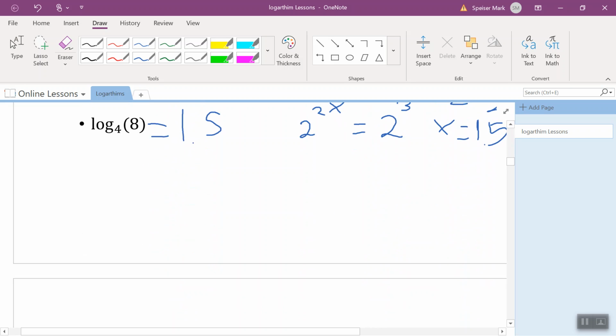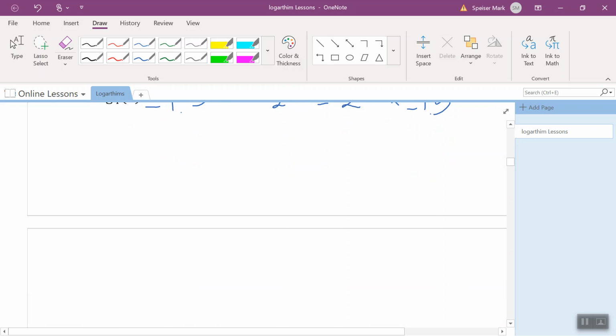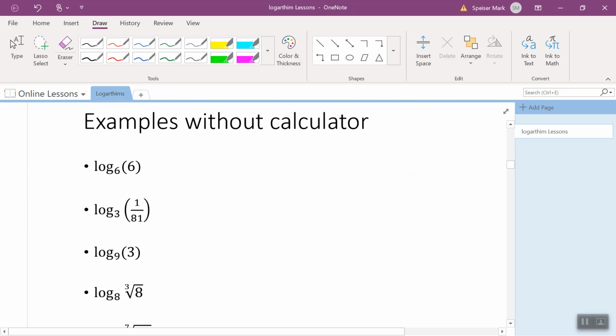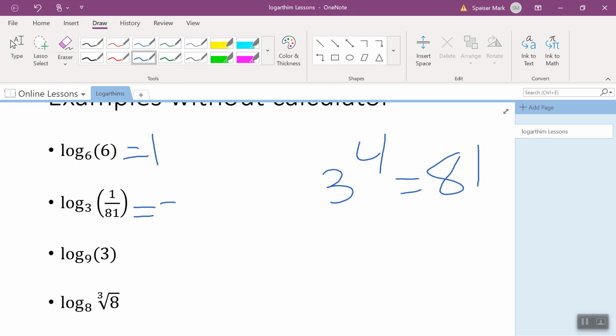Some more advanced ones without a calculator. If the base and the number inside are the same, it's always equal to 1. If the number inside the parentheses is a fraction, you automatically know your answer is negative. And 3 to the 4th power is 81.